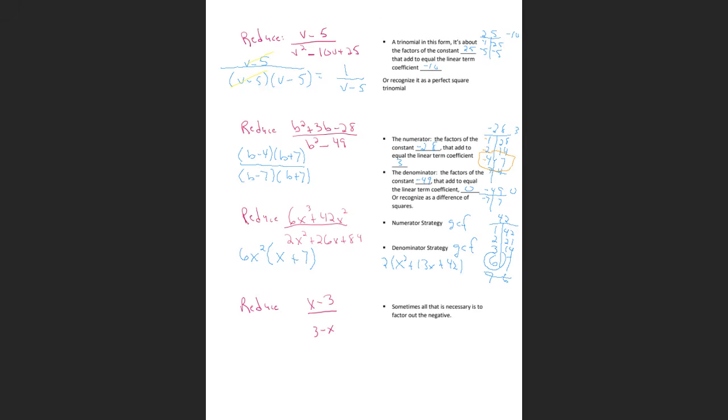So the 2 came out, but notice how we have a trinomial that's factorable. And since the coefficient of the quadratic term is 1, all I really got to do is find the factors of 42 that give me a 13. Well, I've already factored the 42 down, and we see that the 6 and 7 would be perfect for that too. So I can factor this into 2 times x plus 6 and this x plus 7. That would be my denominator strategy.